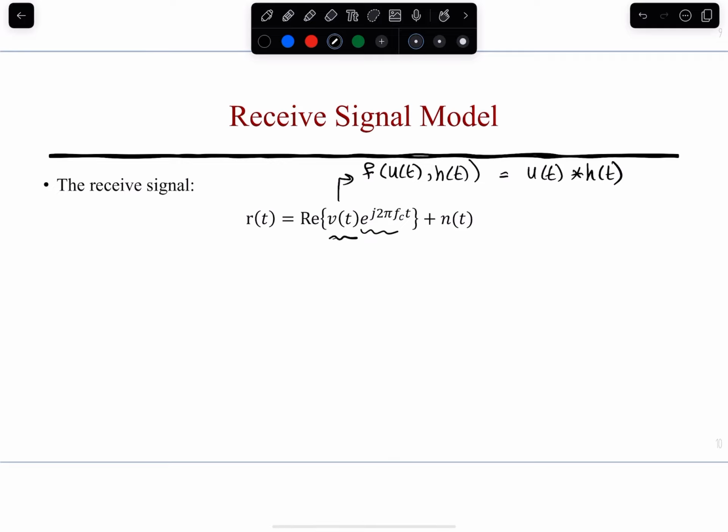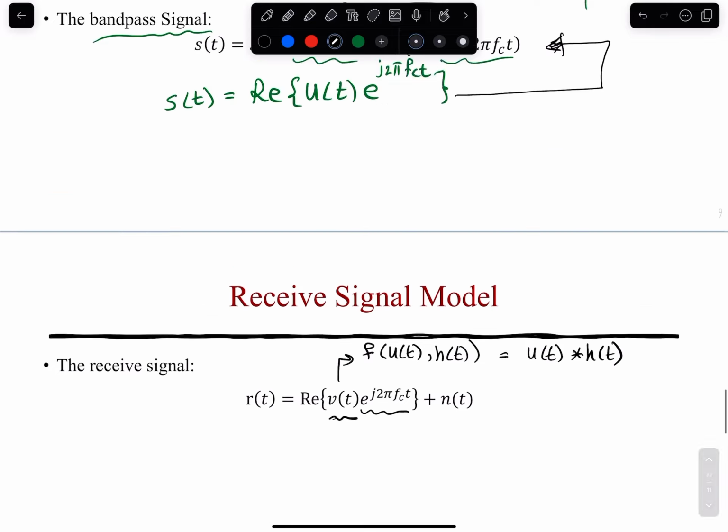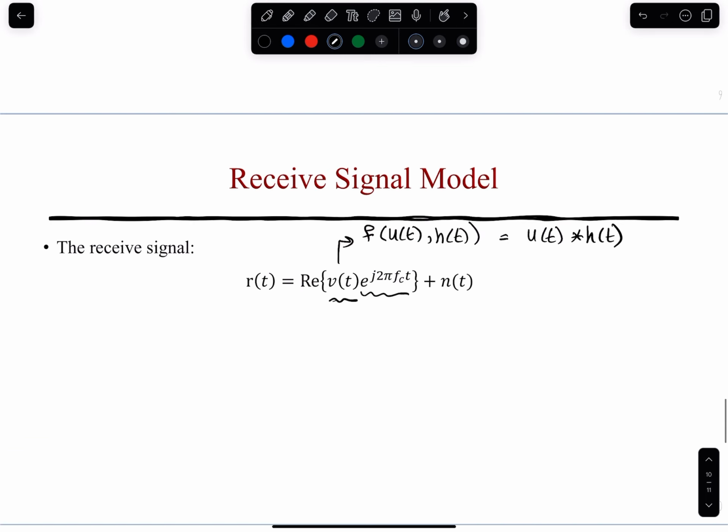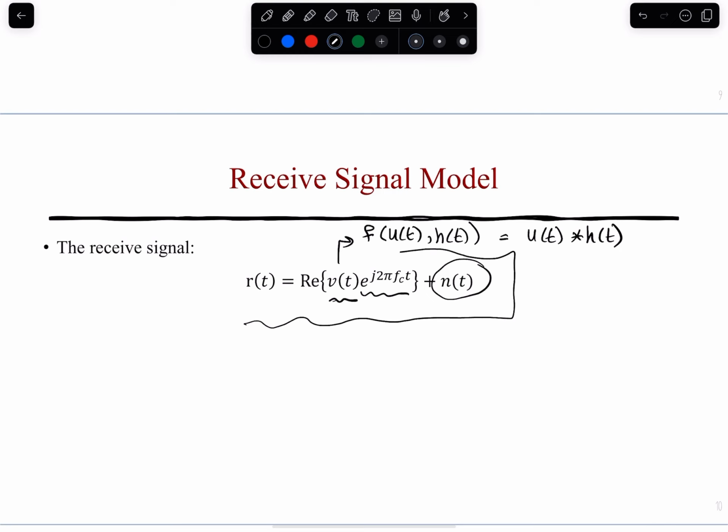And this is the bandpass, I mean, these cosine and sine terms over there. And then we are going to have an additive noise, which is caused by interference from other electromagnetic signals, for example, along the way. So this is the signal the receiver is going to receive at the other end.